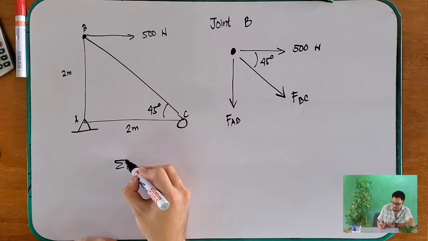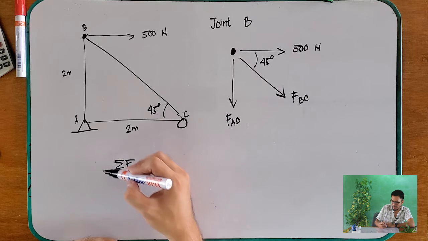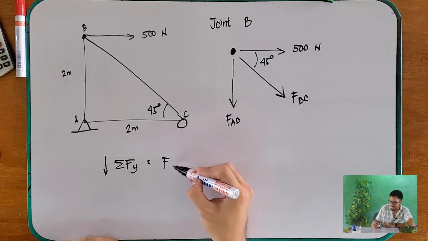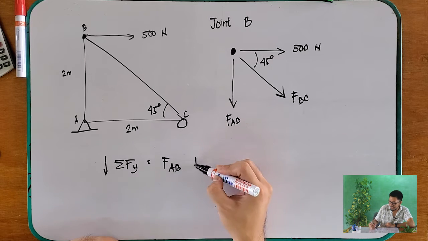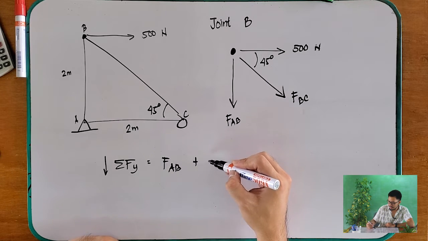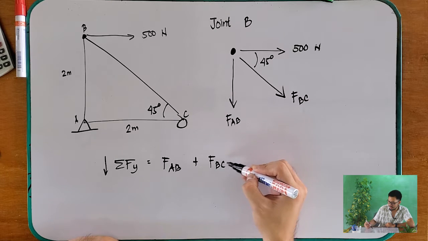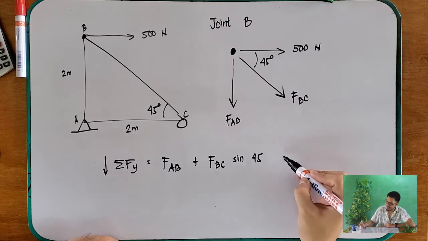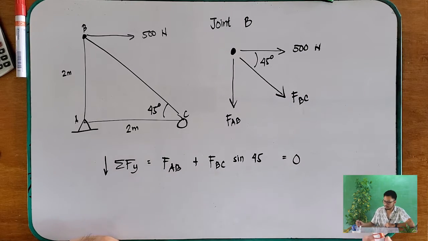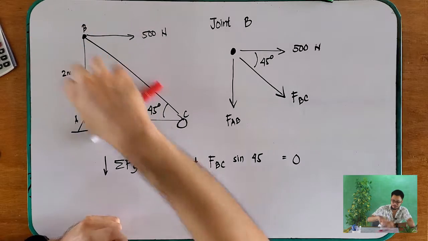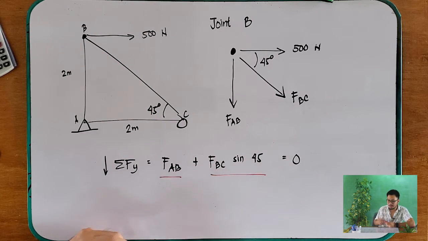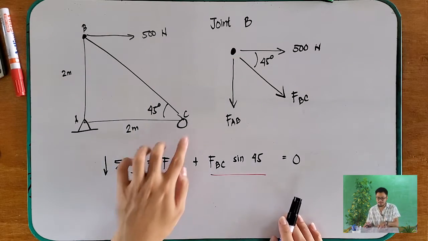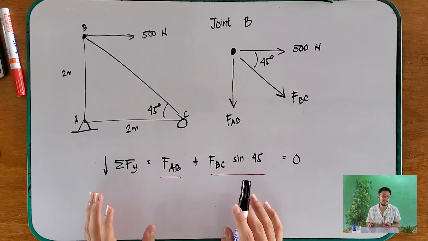Summation of forces along the y, let's say going down ang atong positive, kay down man atong unknown, this is FAB plus FBC sine of 45, diba? Equals to 0. You have here 1 and 2 unknowns. So, it is not recommended for you to solve this one by using first your summation of forces along the y.